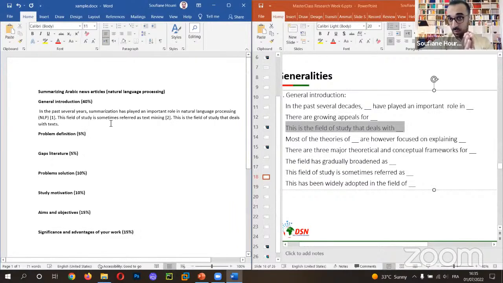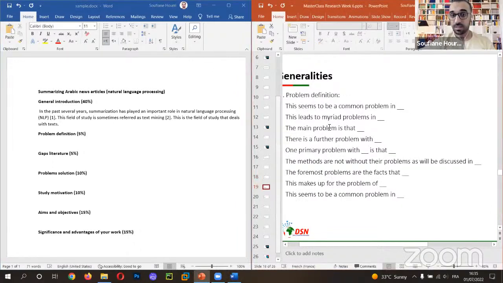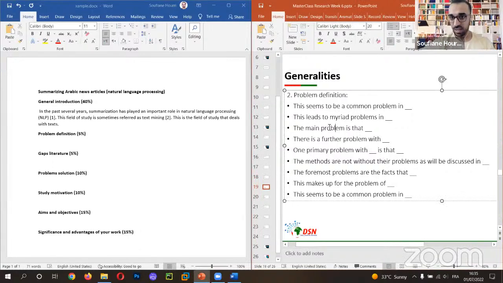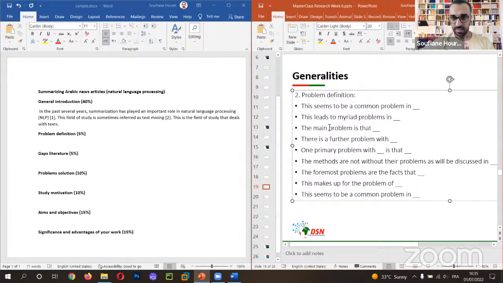After that, yes, we can continue like that in the general introduction. After that, I'm going to define a problem. For example, the main problem is that summarization is used only for English and other, for example, Latin languages.